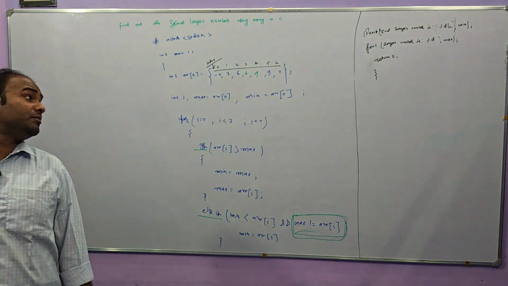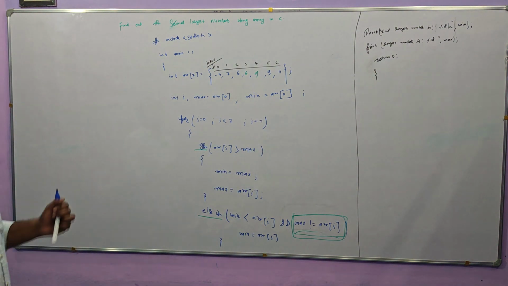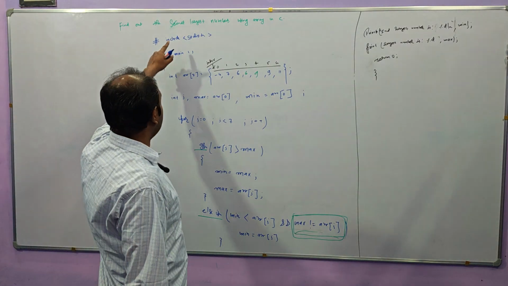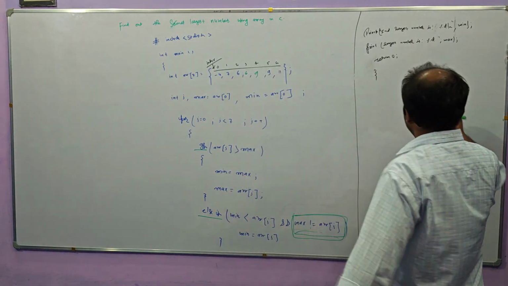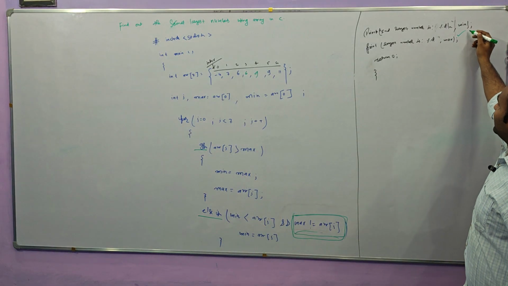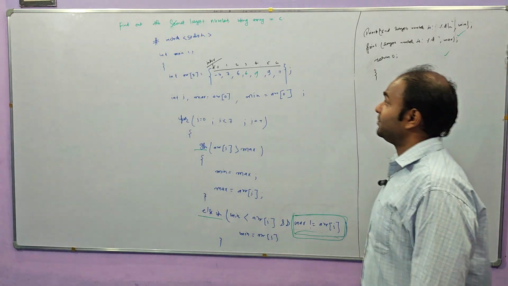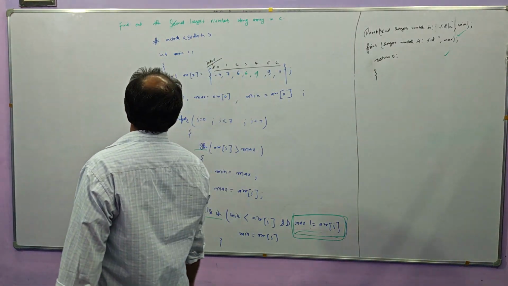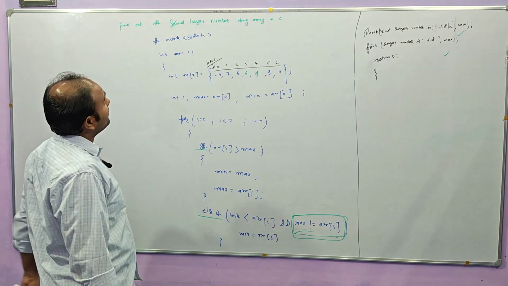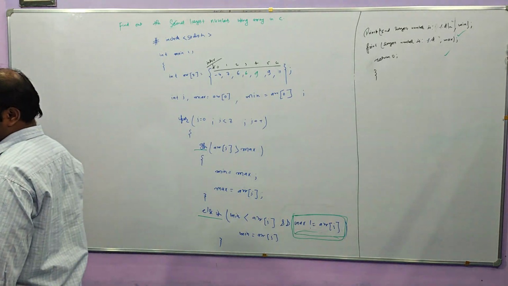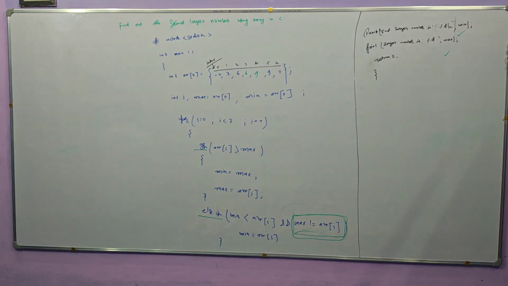So in the next video we will discuss the third largest number, and with this we get the result: printf second largest number.